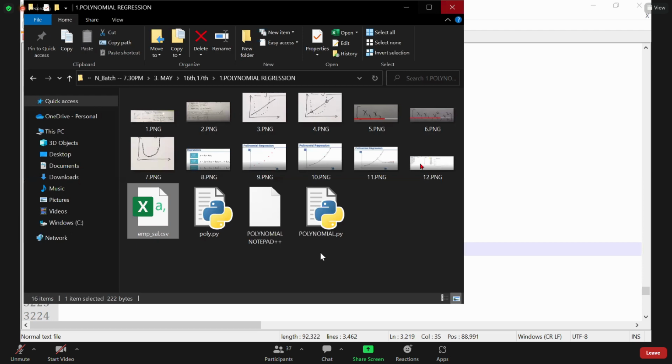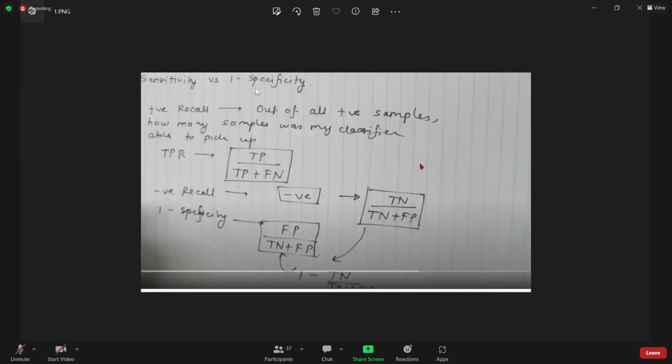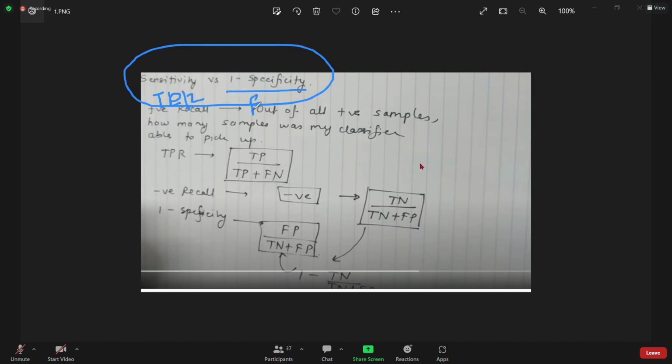So here, sensitivity versus 1 minus specificity. This is what we discussed now. In an interview, if someone asks what is sensitivity, TPR or FPR, guys? Specificity is FPR side, clear?